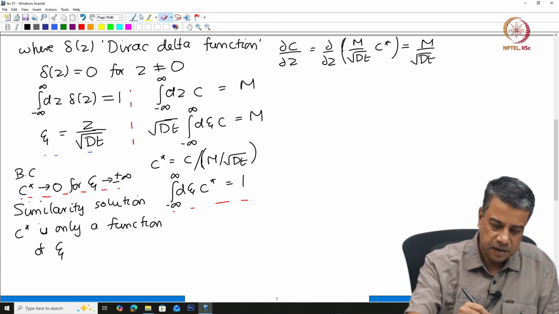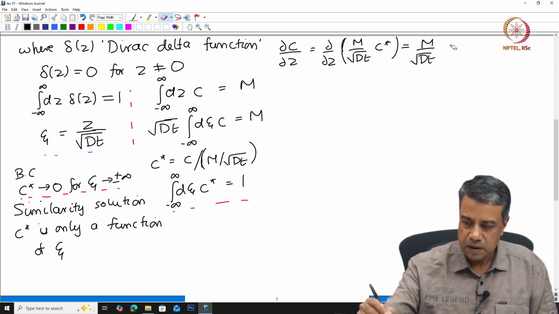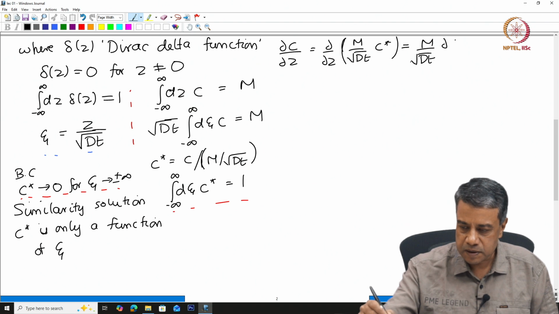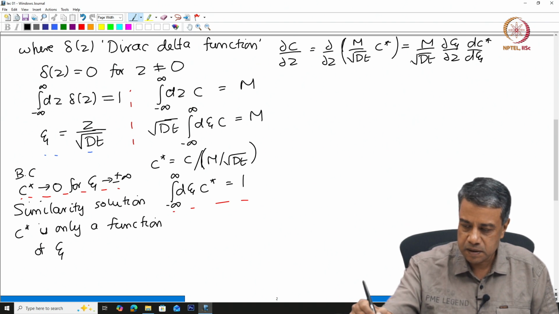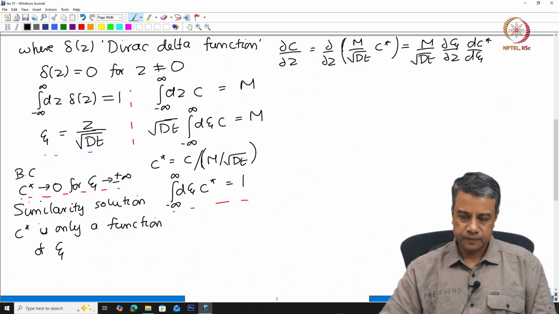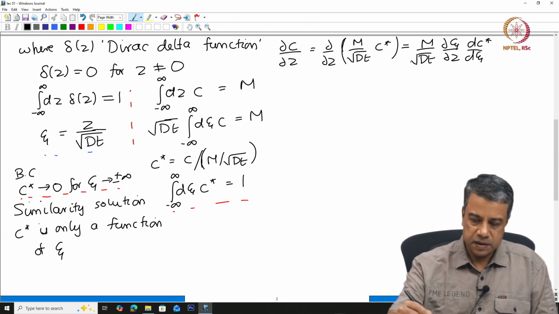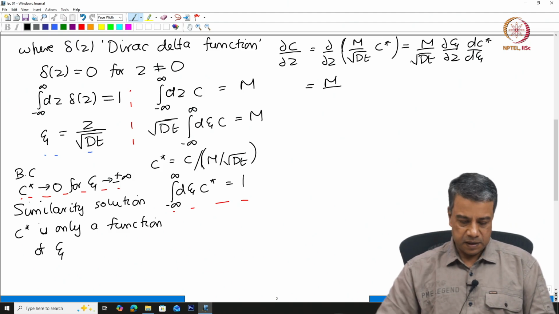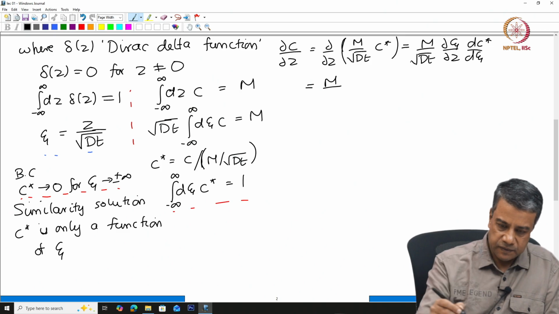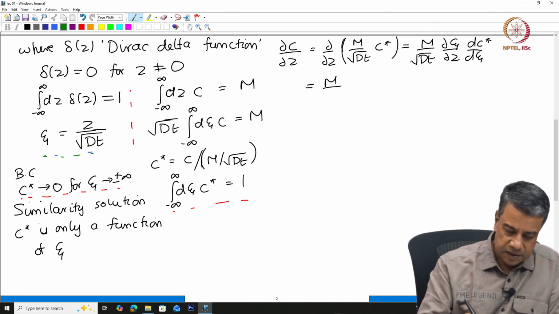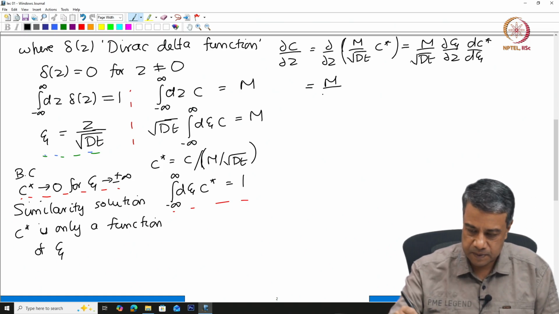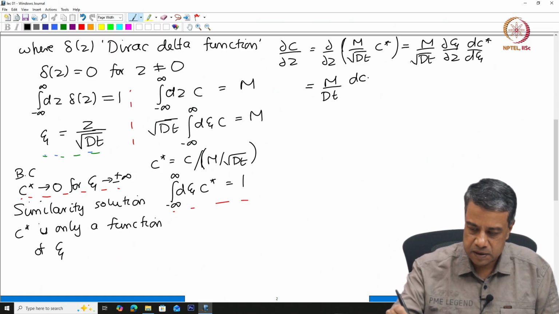I can write that as partial psi by partial z times d c star by d psi. And from this expression here, d psi by dz is going to be 1 by root Dt. Therefore, this becomes m by Dt times d c star by d psi.